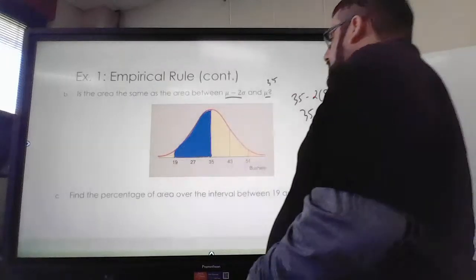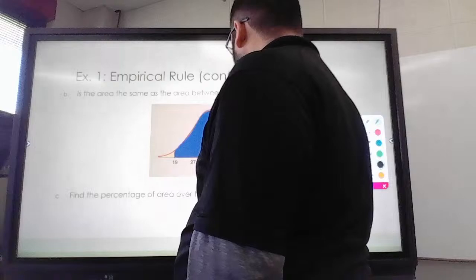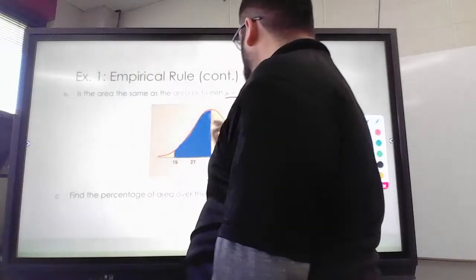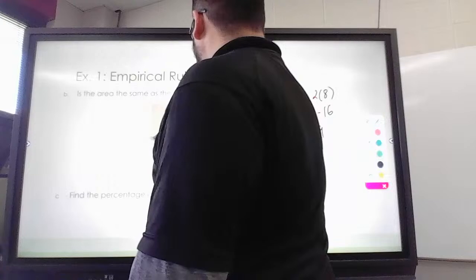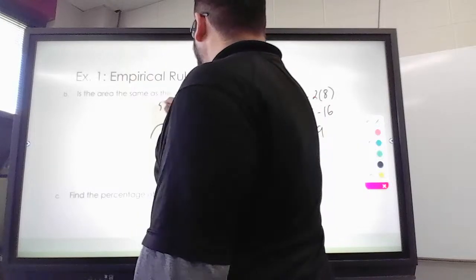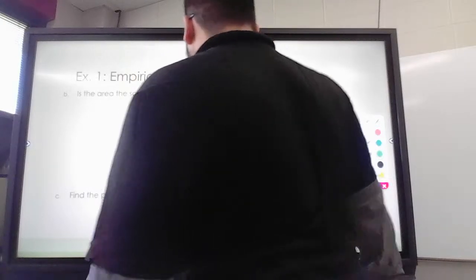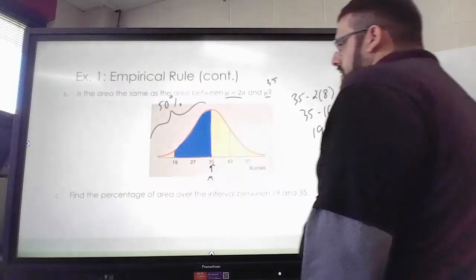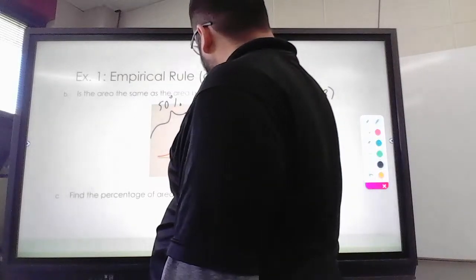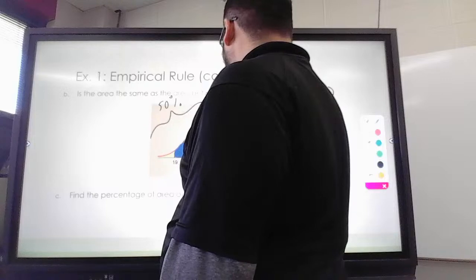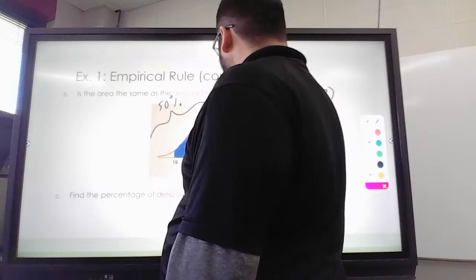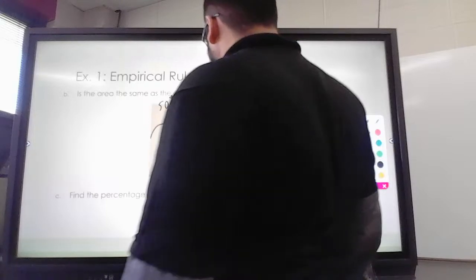Well, here's the mean, which means that everything on the left side of it is half the data. I know that this side right here is 34% of the data.